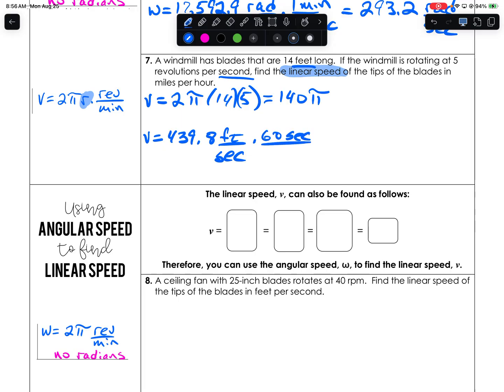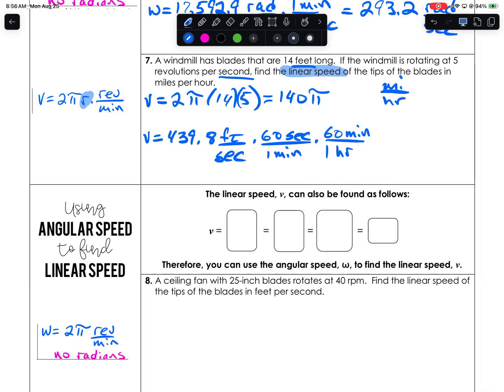You could do the distance first and the time last, or either way, it's totally fine. So 1 minute. And they want it in hours, so we've got to go 60 minutes in 1 hour. And I'm doing it right because my units cancel. I want hours on the bottom. We want miles per hour.